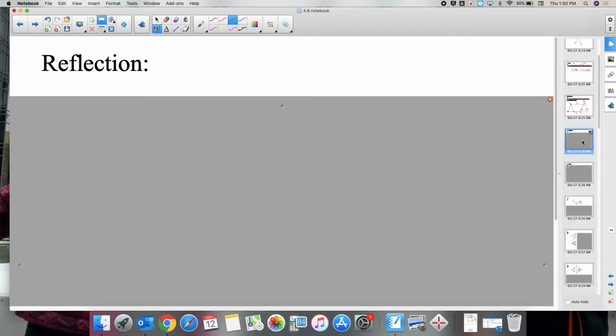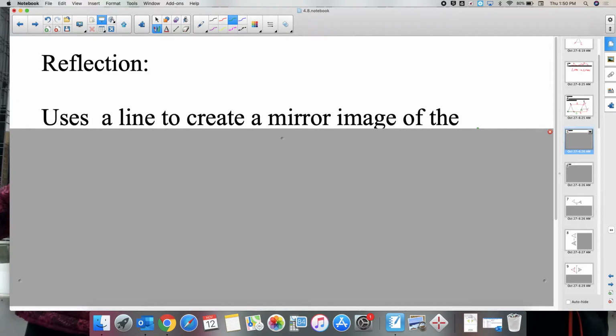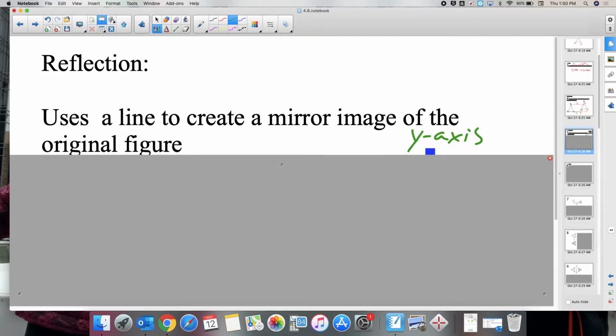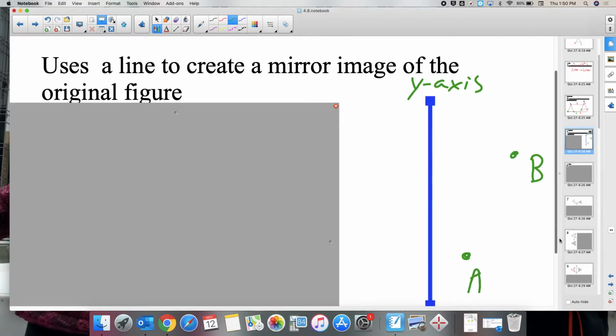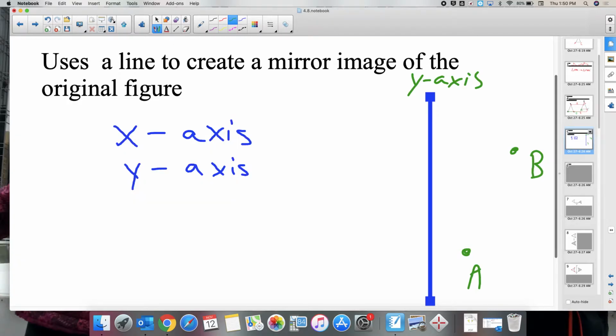The second one we'll look at then is known as a reflection. It's what we talked about in the opener. Right? It's when we use some line to create a mirror image of the original figure. Now, for our sake of argument, all we are going to do today is going to be something like your y-axis or your x-axis. That's what we'll look at today.